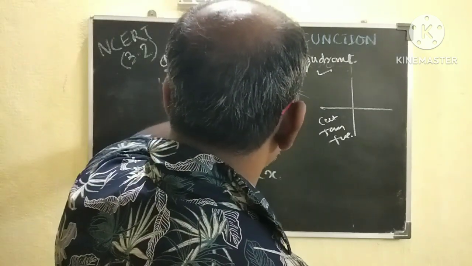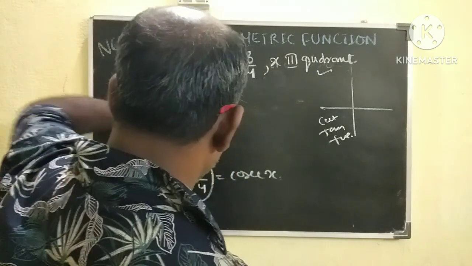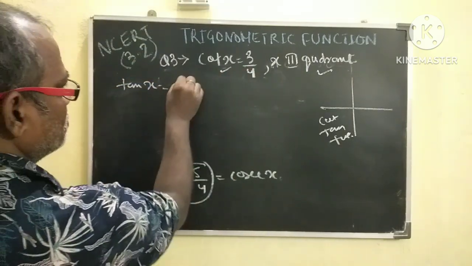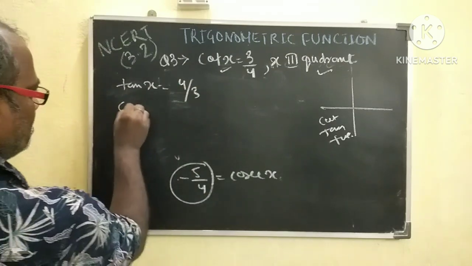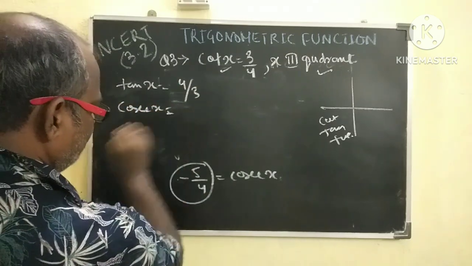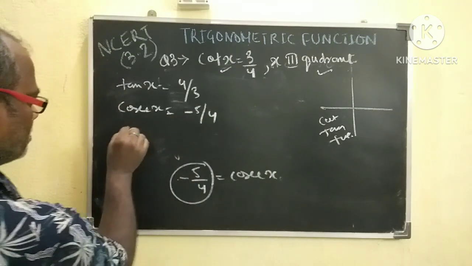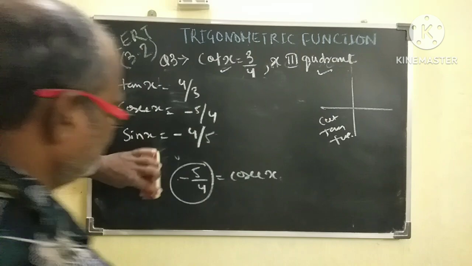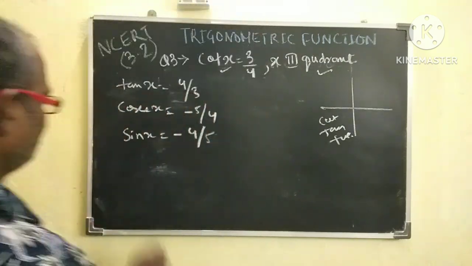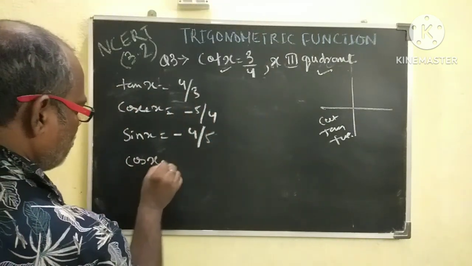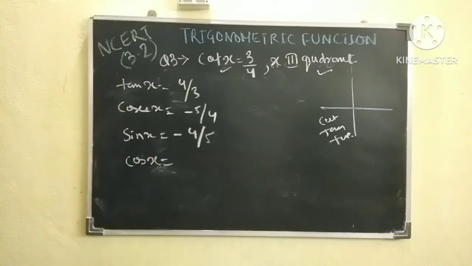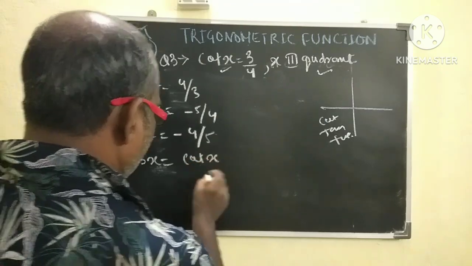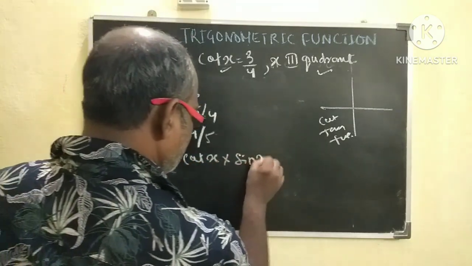So from here we can write tan x equals 4 by 3, cosecant x equals minus 5 by 4, sin x equals minus 4 by 5, cos x equals cot x into sin x.